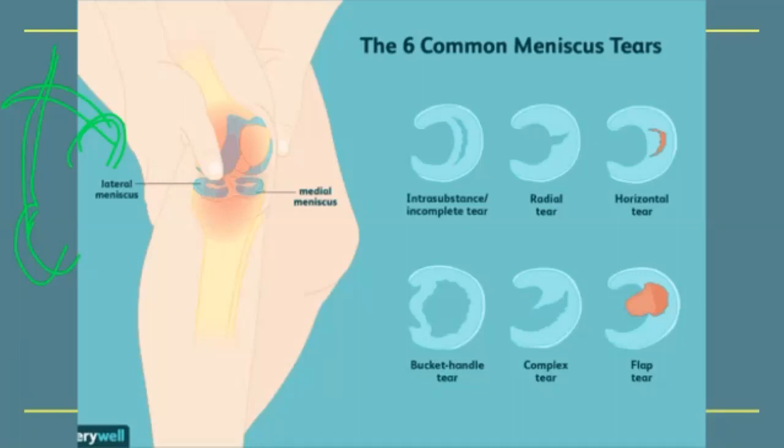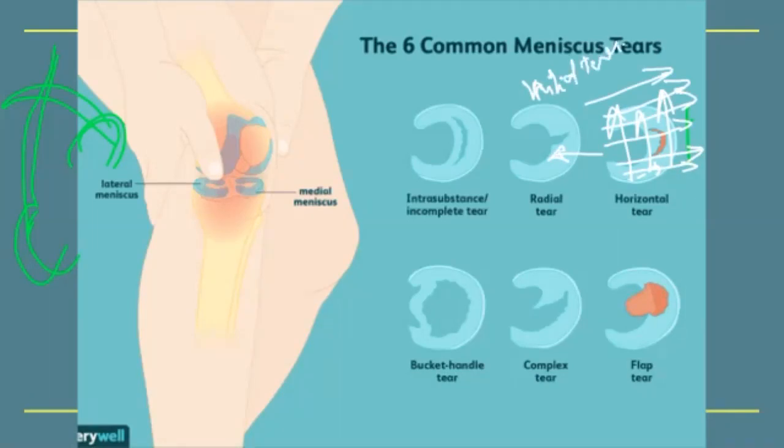If the tear happens along the long axis of the menisci, it is called a horizontal tear. Whereas if the tear occurs perpendicular to the long axis, it is called a radial tear or vertical tear. Remember that.